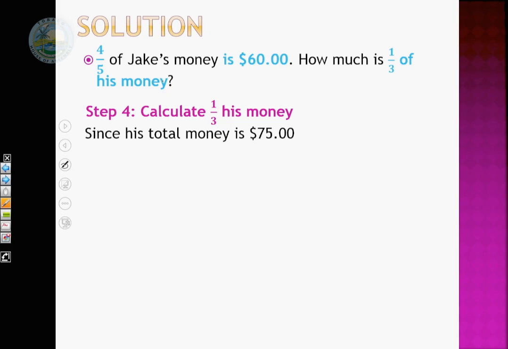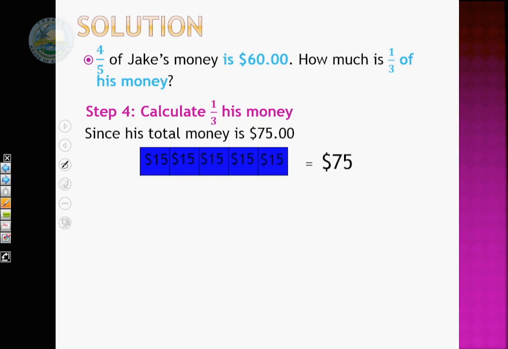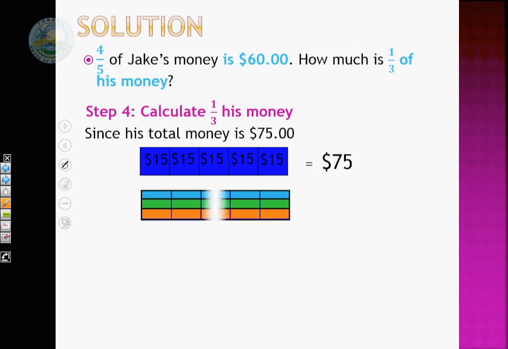Since we found out that his total money is 75, which is represented here in the bar, we can now find a third of his money. Using the same bar, we're going to divide it into thirds. I know you're probably wondering how we're going to divide it into thirds. So pay attention.